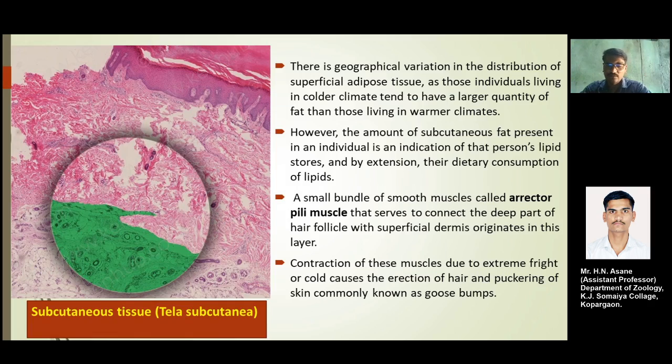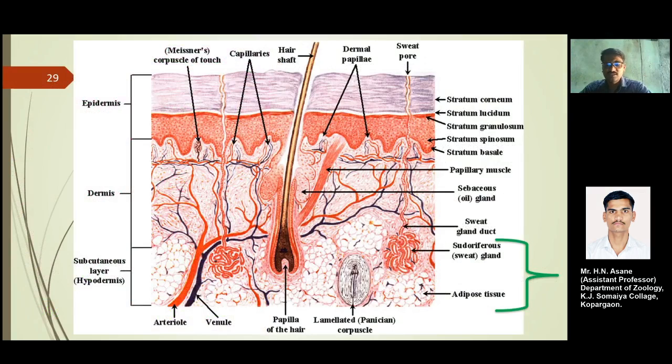As you can see in this picture, this is the TS of the skin, the diagrammatic representation of the TS of skin. The green highlighted point is showing the subcutaneous layer, which is referred to as the hypodermis.